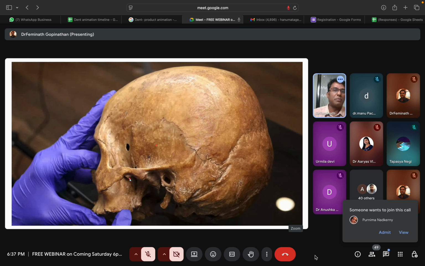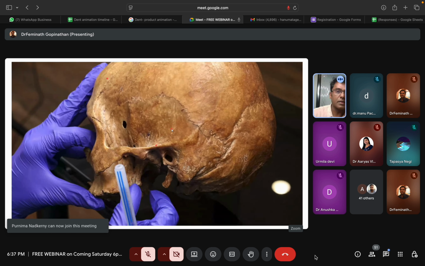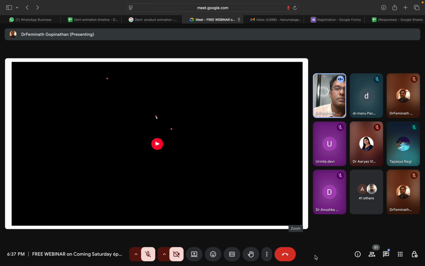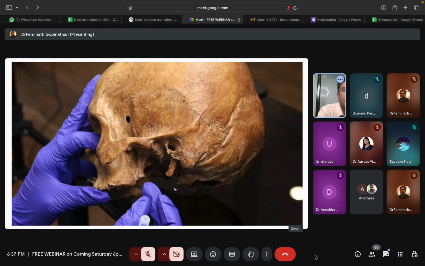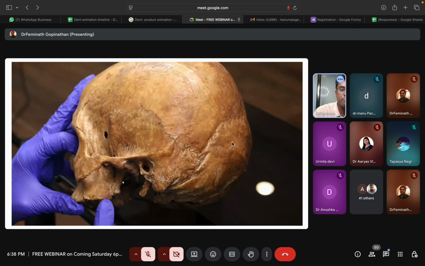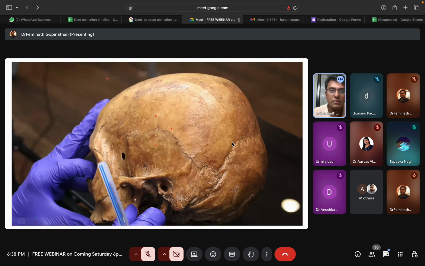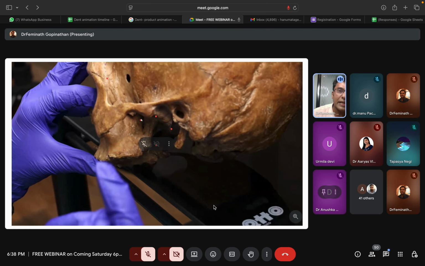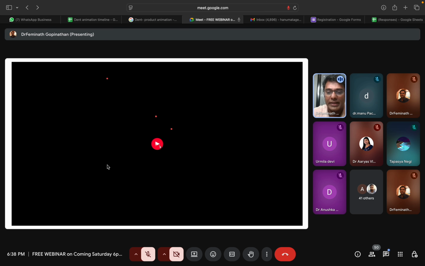This is the area which has got all this. This is the pterygomaxillary fissure area where you have the maxillary artery and the pterygoid plexus. I'll just show you once again so that you will understand that.